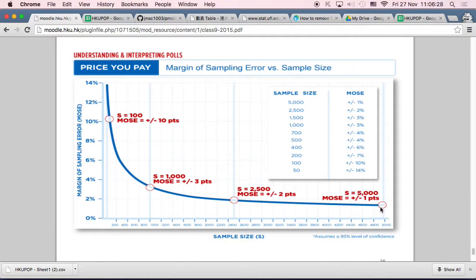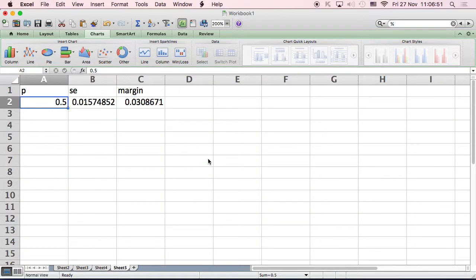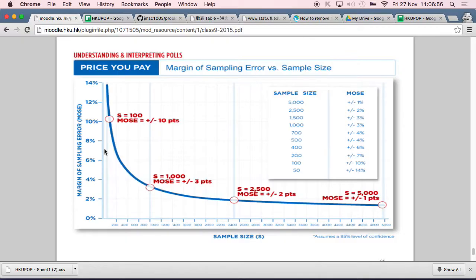You increase the human resources by 5 times, but your margin of error only reduces by 2%, which is not good. So most surveys choose a sample size of this number. That is your answer, 3.1%.